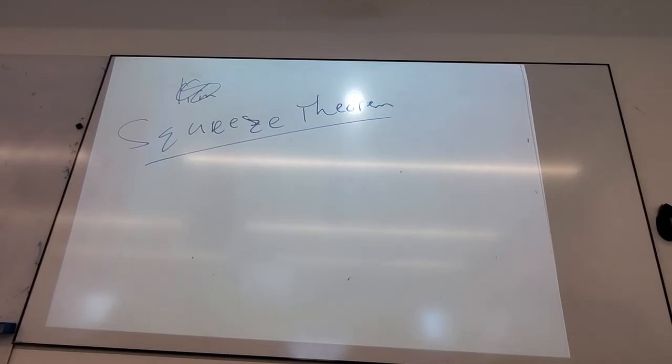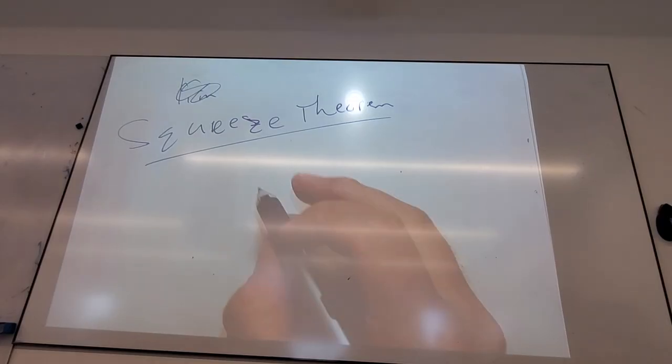Has anyone run into this in the homework? The squeeze theorem. Yes, okay, a few. You could try to see what the chapter explains about it. Here's why it's called the squeeze theorem.